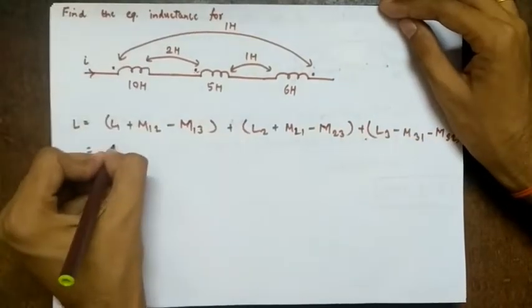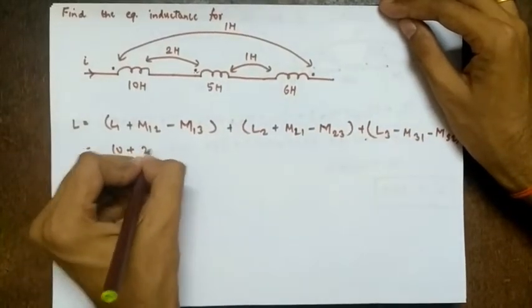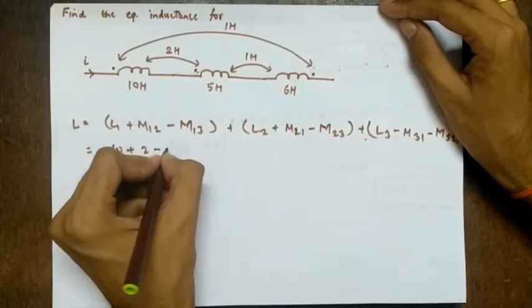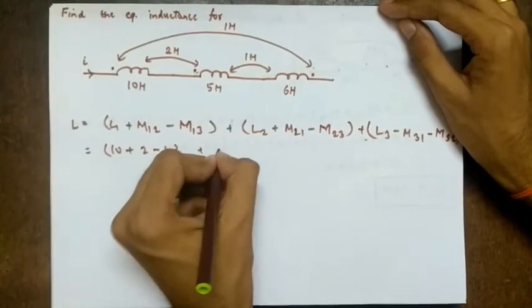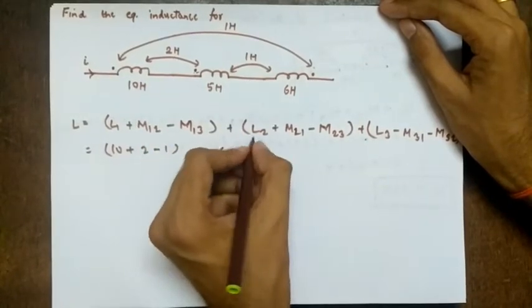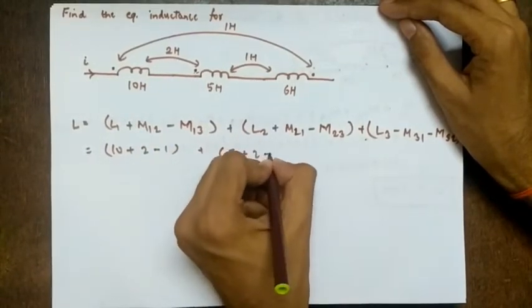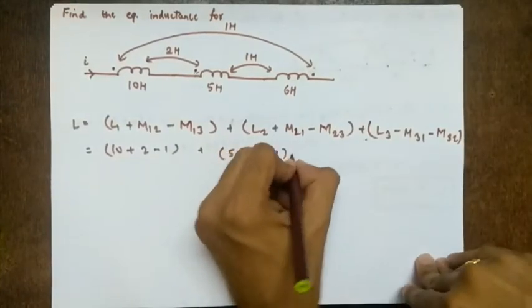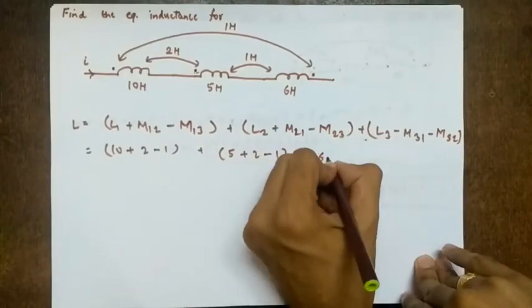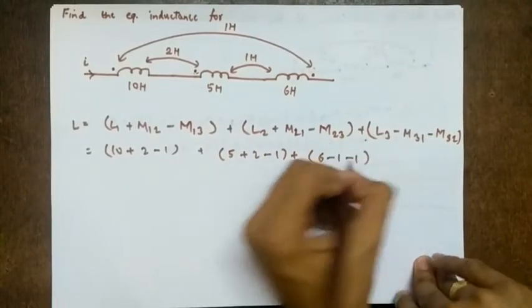So let's substitute the values. So it is 10 plus 2 minus M13 1 plus L2 is 5 plus M21 2 minus M23, M23 is 1 plus L3 is 6 minus 1 minus 1.